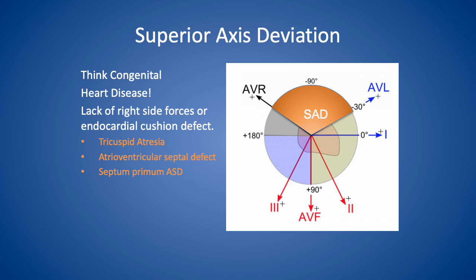Because of this lack of right-sided forces, it pushes the entire QRS axis above the lateral leads, and so the typical lesions that we see would be tricuspid atresia, AVSDs or AV canals if you're missing the crux of the heart, and also large septum primum ASDs.